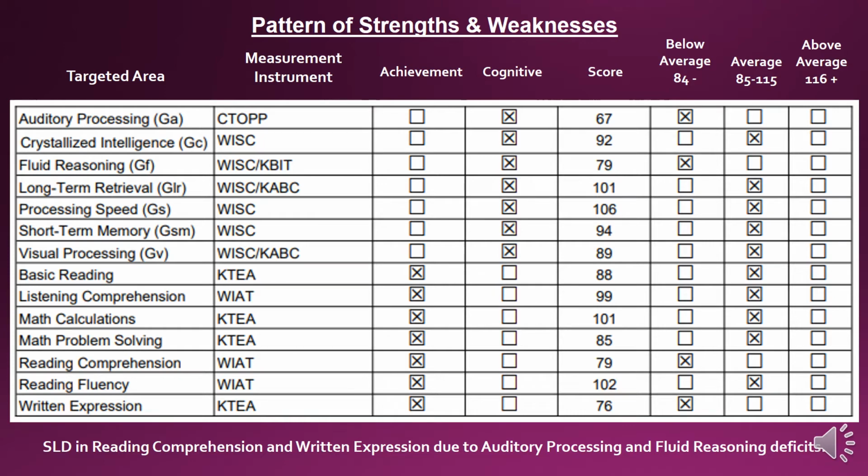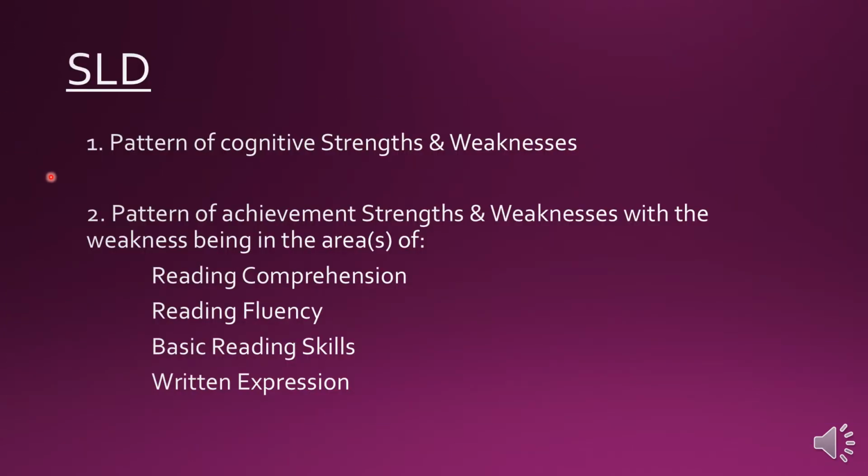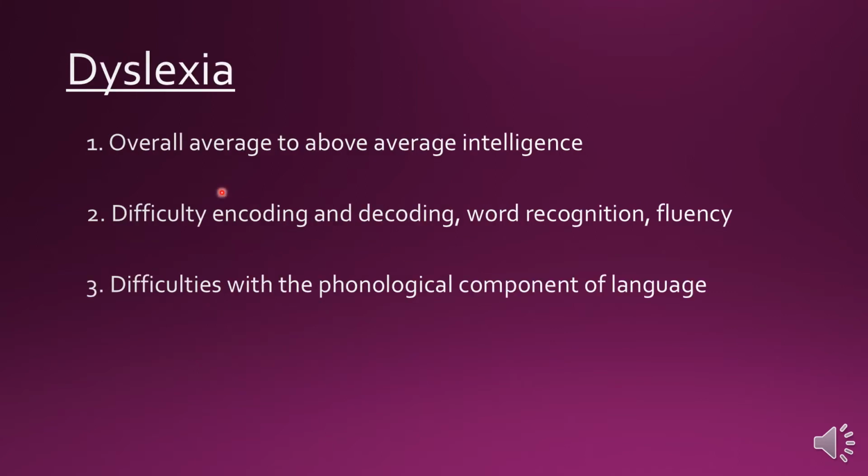Know that a specific learning disability is that pattern of cognitive strengths and weaknesses, and the achievement areas would be one or a combination of reading comprehension, reading fluency, basic reading skills, or written expression, okay? So keep that in your brain.